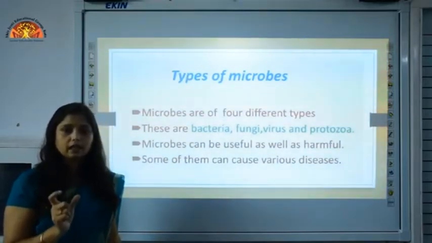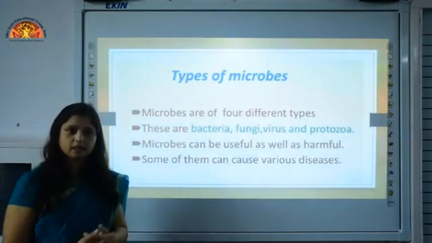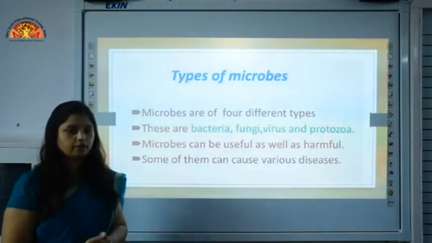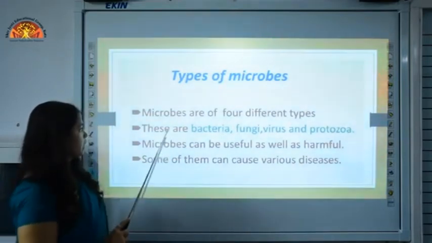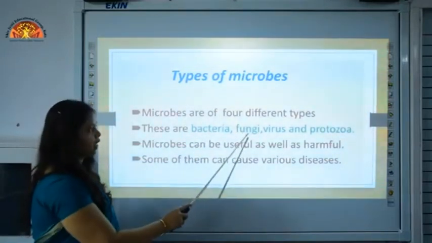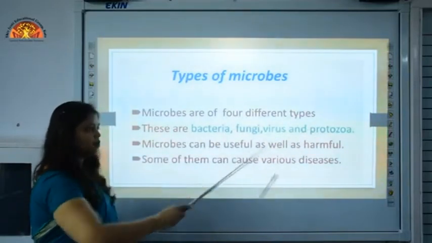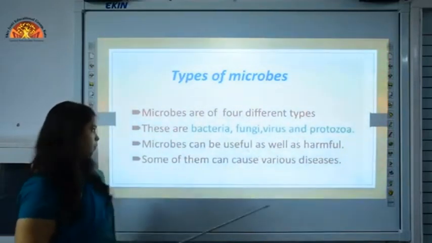So these tiny living organisms are called microbes, and we are surrounded by these microorganisms everywhere. There are four basic types of microbes. These are bacteria, fungi, virus and protozoa. Some of their names you might have heard many times.